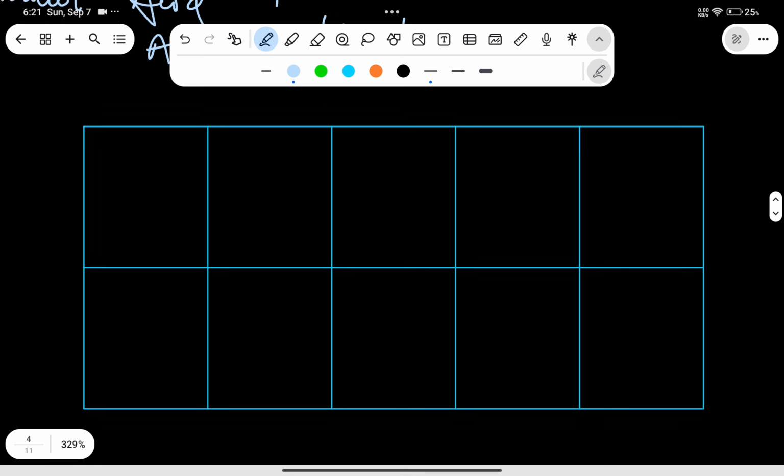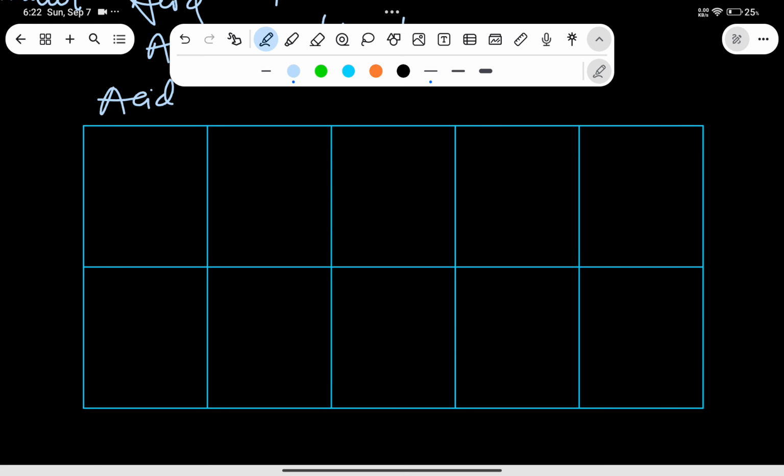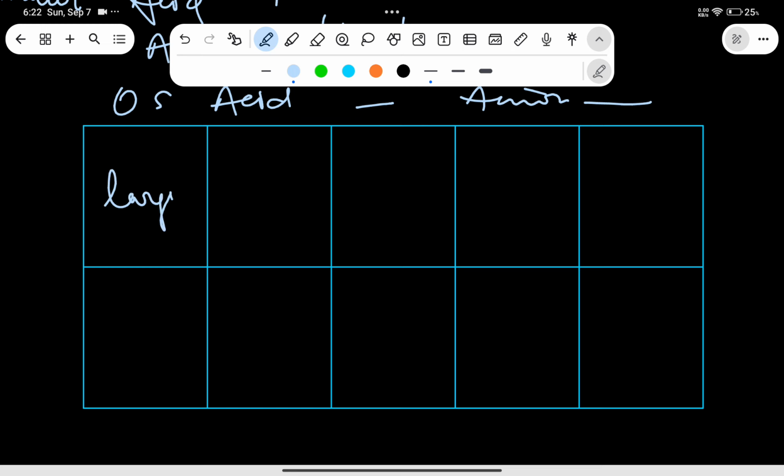We have to do the examples: oxidation number, acid and anion, for the larger ones and the smaller ones.